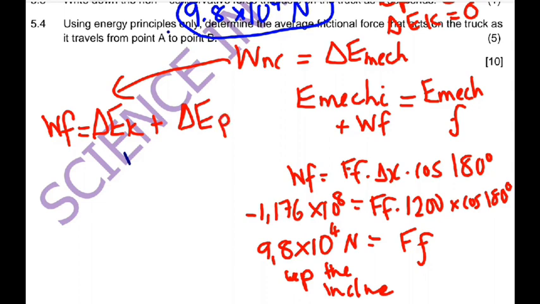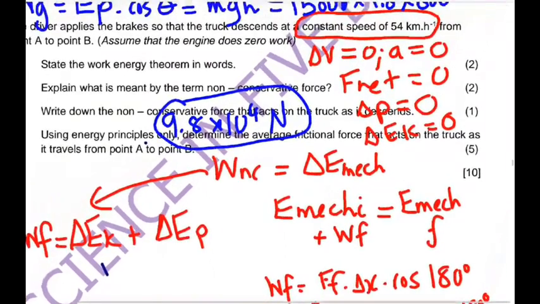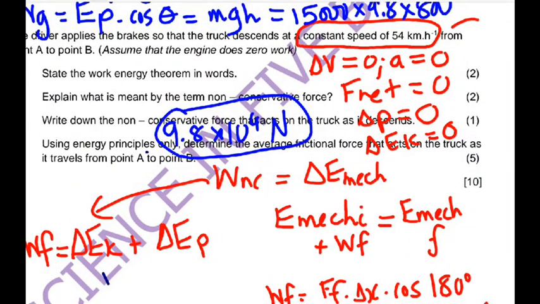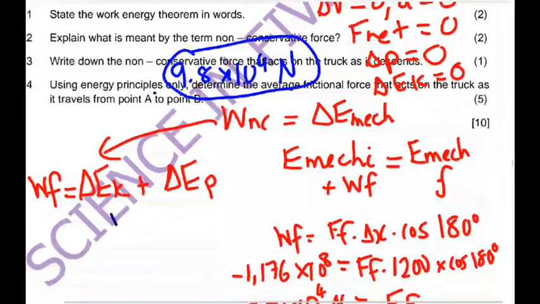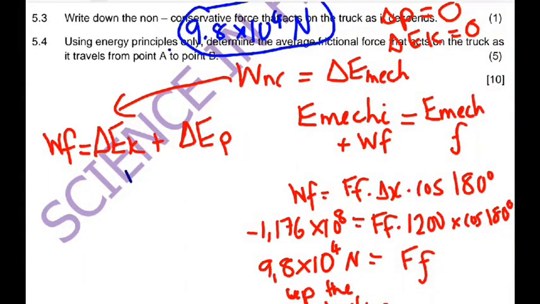All right. But we've just said, I mean, the object is moving at a constant speed, not that the speed is 0, but this object is moving at a constant speed in a straight line. It means there will be no change in kinetic energy. So this formula simplifies to work done by friction is equal to delta EP.